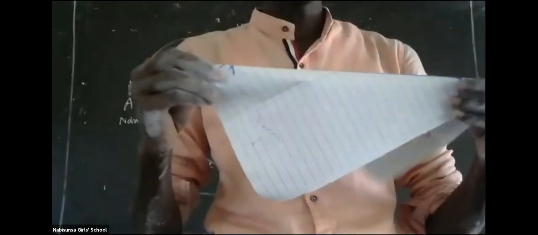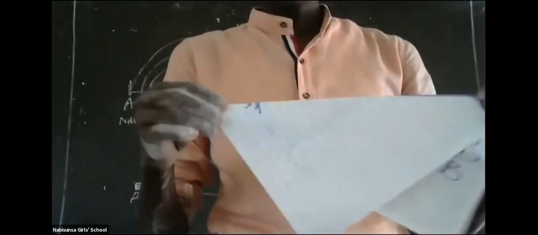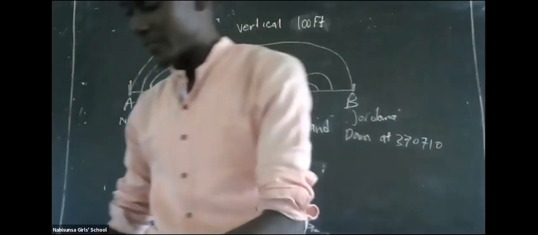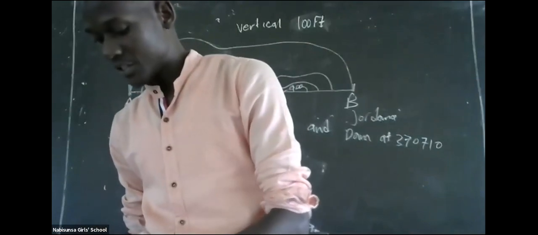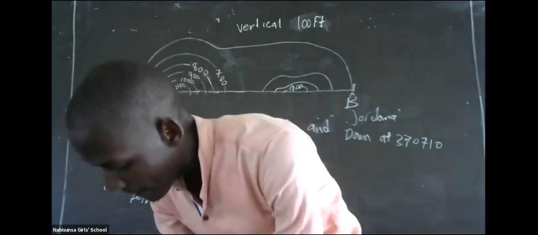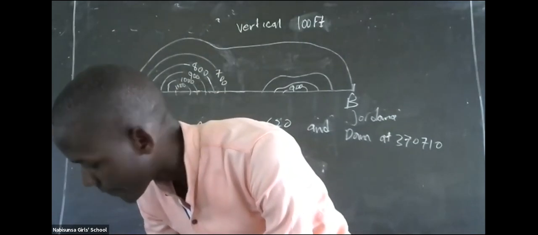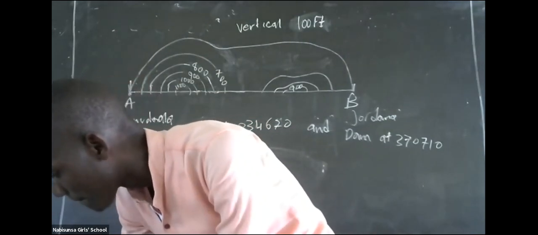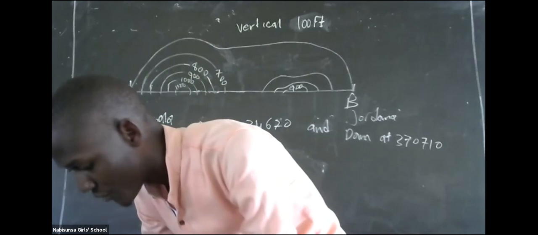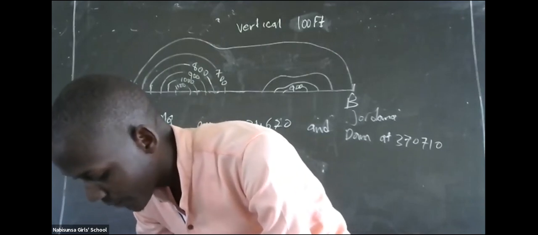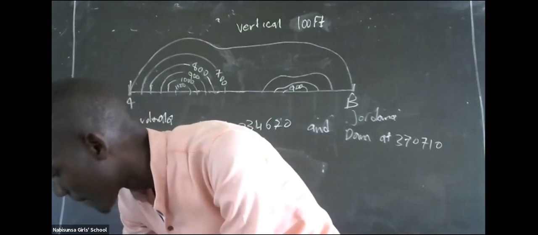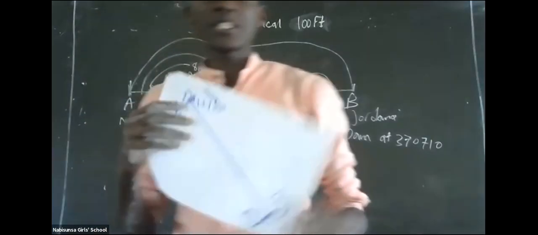Then when I tell you draw a borehole, automatically I'm going to do like this. Assuming this is the dam, and this is the borehole. Then here is going to be borehole, dam. Are you seeing? It's like this.